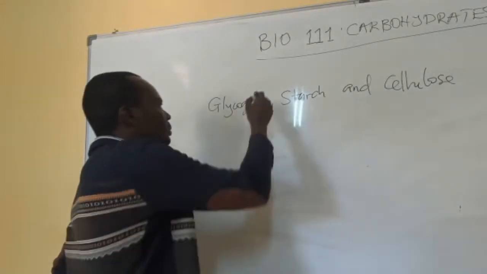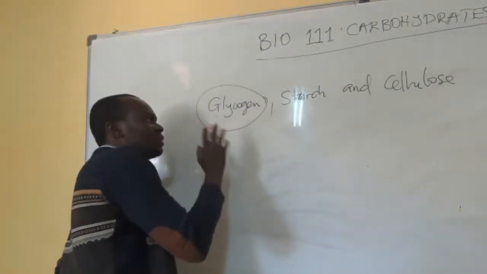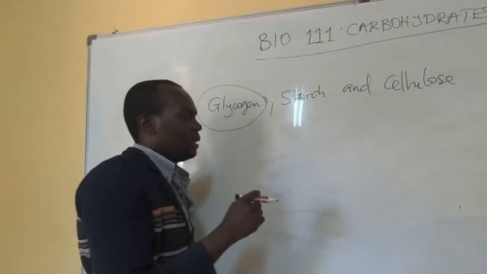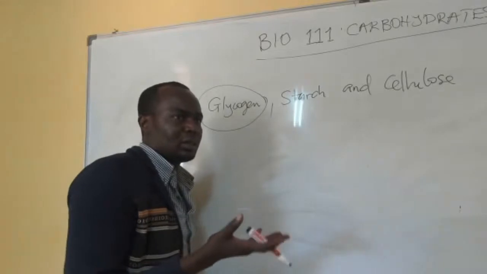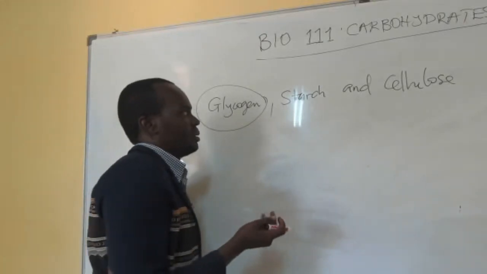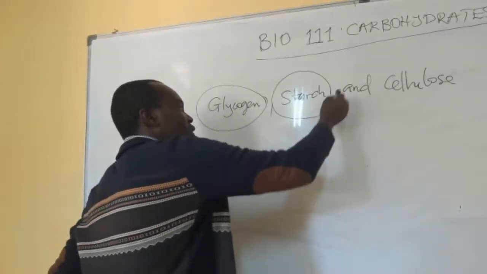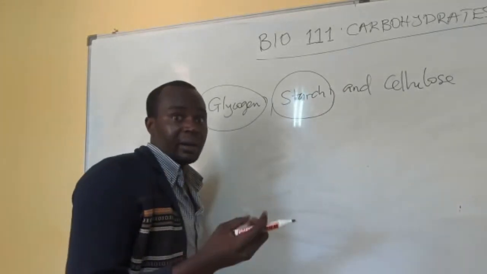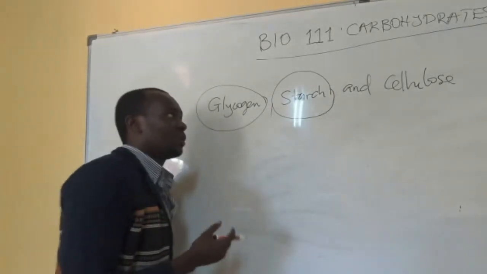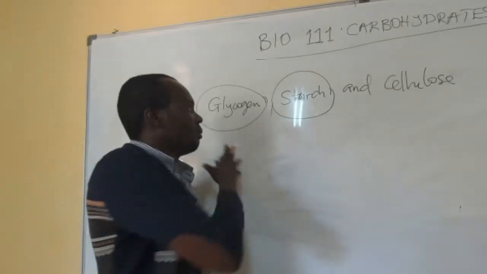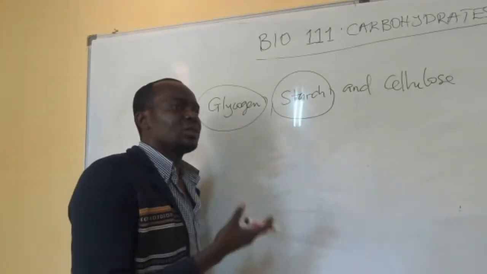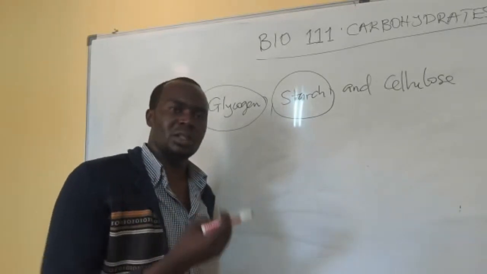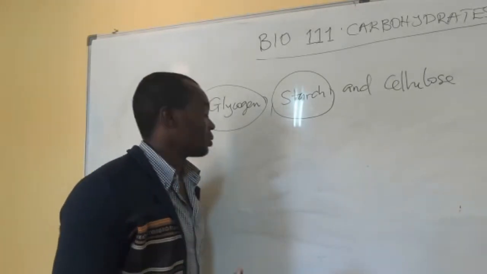By definition, glycogen is a storage polysaccharide, meaning it's made up of more than one monomeric unit, which is the monosaccharide. Then starch is also a storage polysaccharide. What I mean by storage polysaccharide is that these polysaccharides function as storage for the monomer units which can be used by numerous organisms.